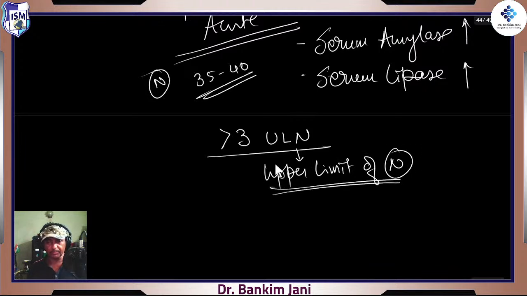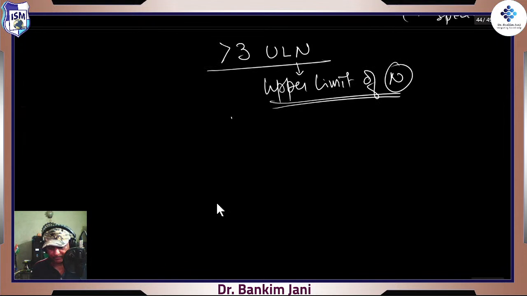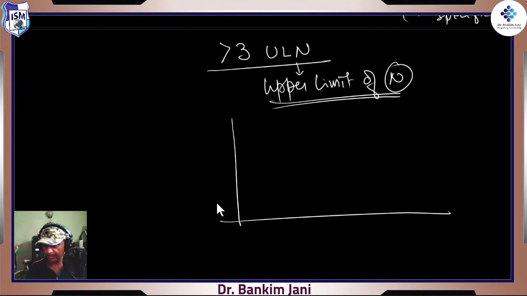So roughly when it is about 120, it is considered high. But out of these two, lipase is more specific, and at the same time it remains elevated for quite a long duration. So that's why I'm drawing this small graph for both of them, and then we'll go for the CT.